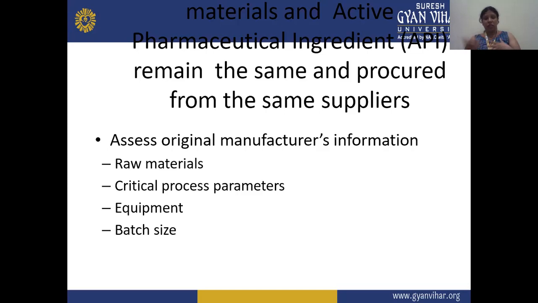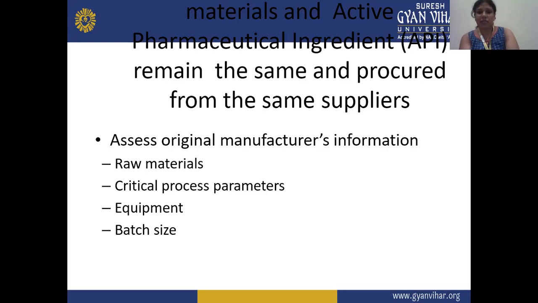That means the same API should be there, and the same supplier who is procuring the material API. Then only can we use the specific technology. By using that specific technology we will get the same product if we use the same active ingredient, same API from the same supplier. Because if we change the supplier, then maybe there is a variation in the quality of the product.